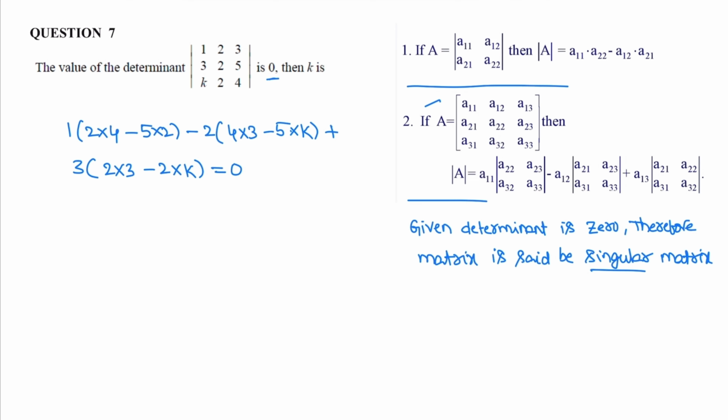So that is 8 minus 10, minus 2 into (8 minus 5), 12 minus 5k, plus 3 into (6 minus 2k) is equal to 0. Now on simplification, 4k is equal to 8 and the value of k is 2. The value of the determinant is 2.